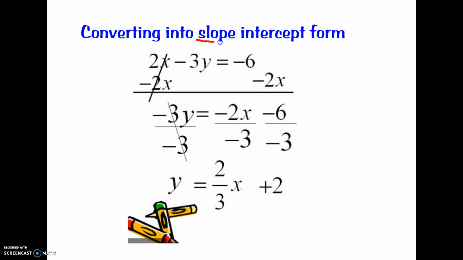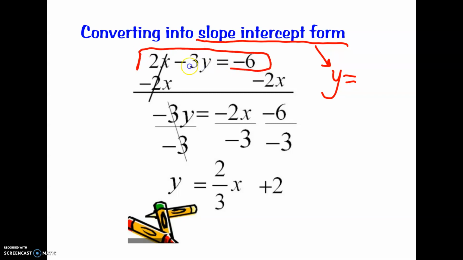So the first thing you need to remember is slope-intercept form means that you need to isolate y, or get it into y equals form. So by doing that, if we started with the equation 2x minus 3y equals -6, first I would subtract 2x from both sides to eliminate that x from the left. And then to get y by itself, I would divide by 3.